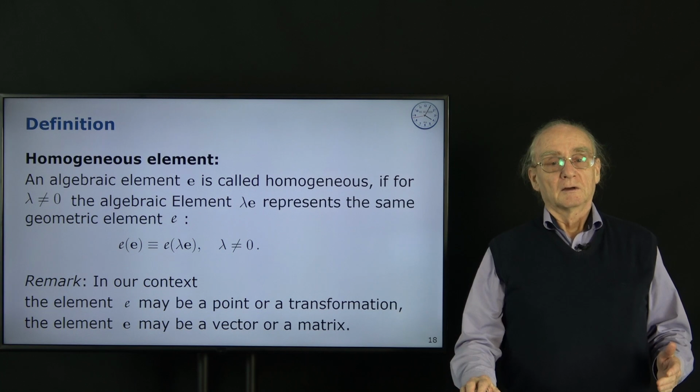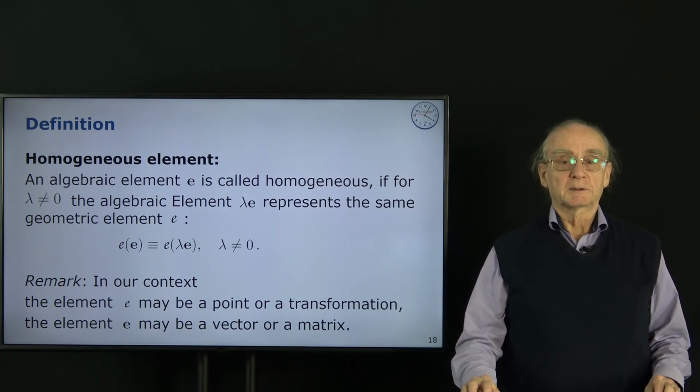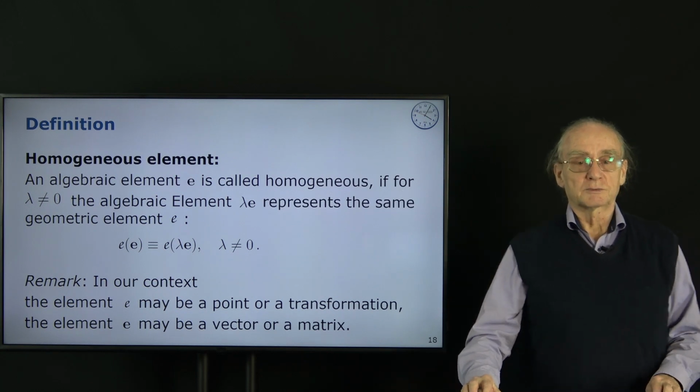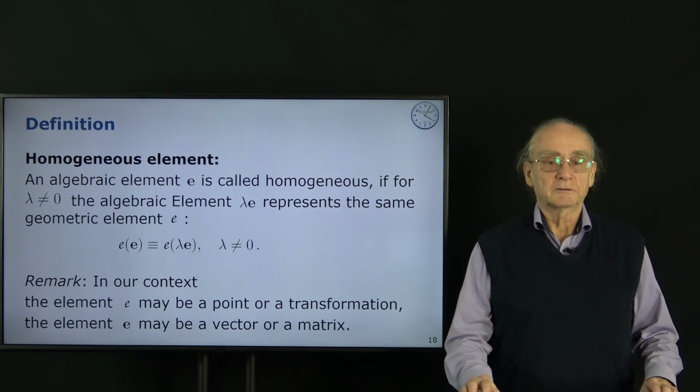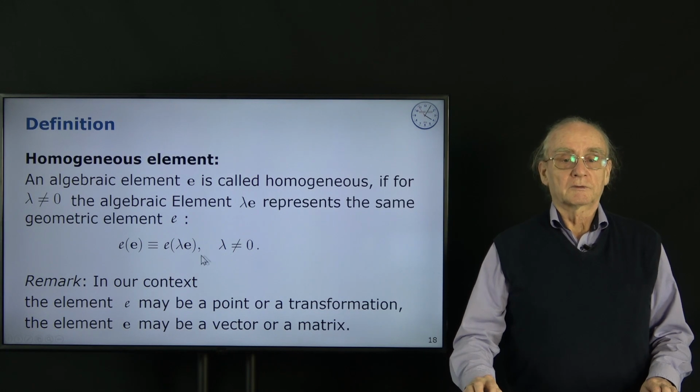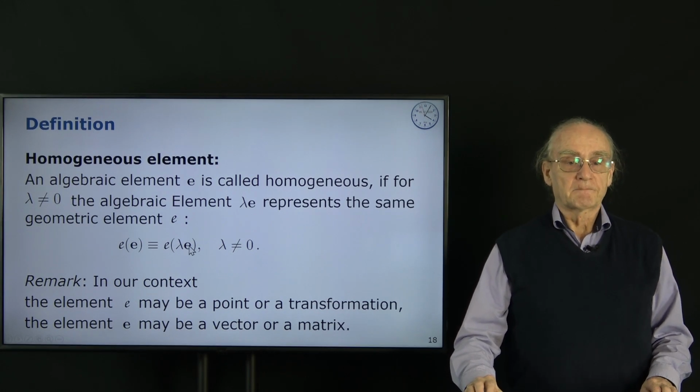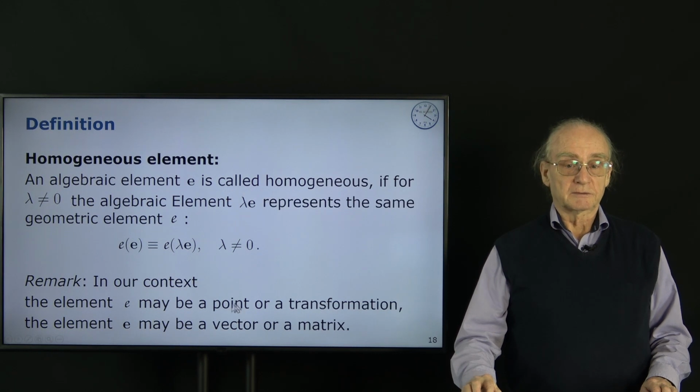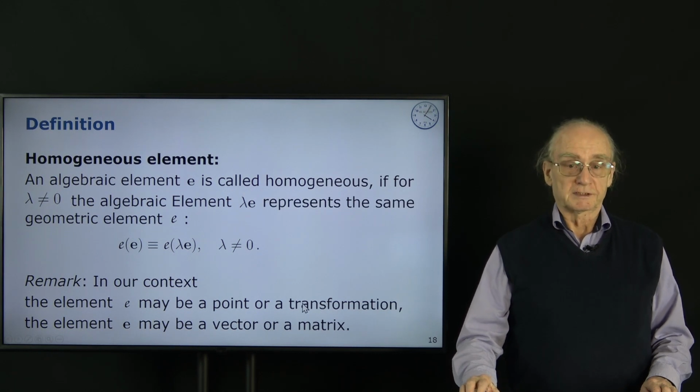So if the point is not changed or the transformation is not changed by multiplying the vector or the matrix with this factor, then we talk about E being a homogeneous element. In our context, the elements may be points or transformations, that means vectors or matrices.